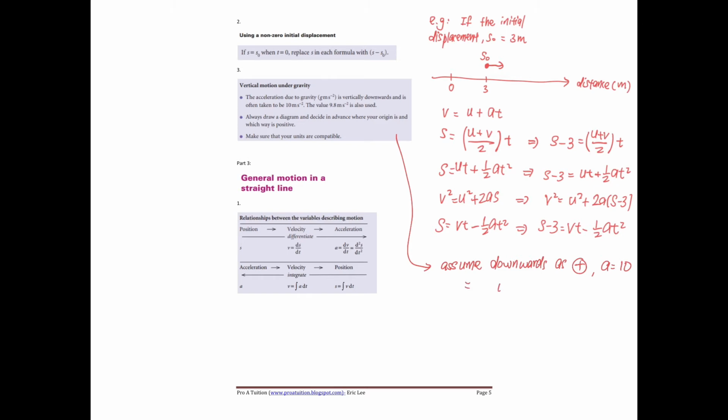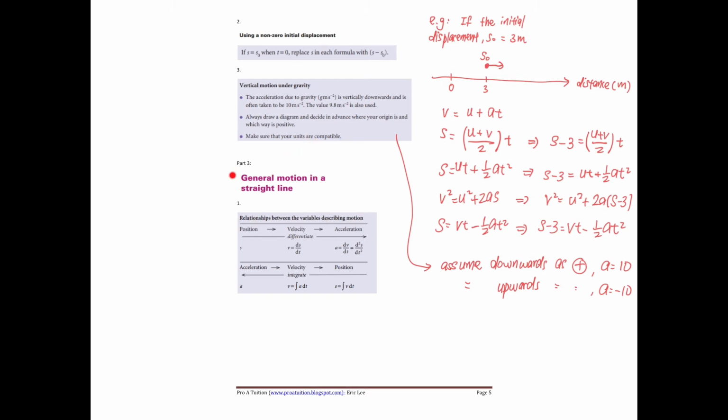If you assume upward as positive, then A equal to negative 10. So acceleration due to gravity is negative 10. Because acceleration due to gravity always acts downwards. Next one, make sure that your units are compatible. That means all of them must be the same unit. For example, all in seconds.